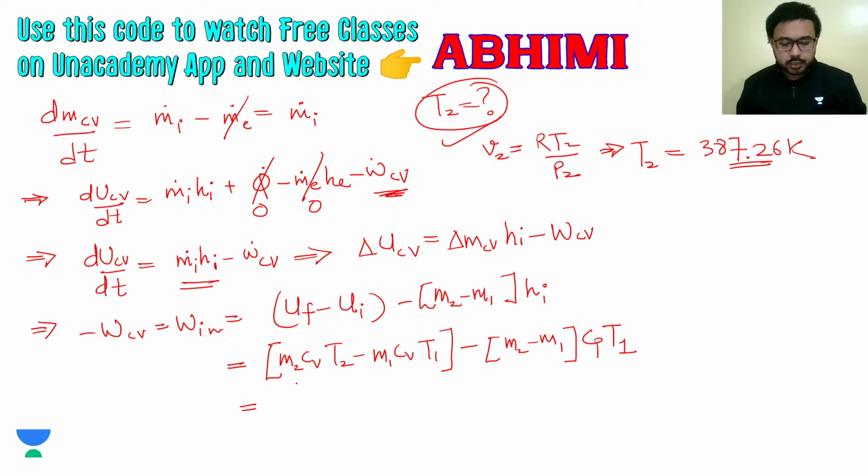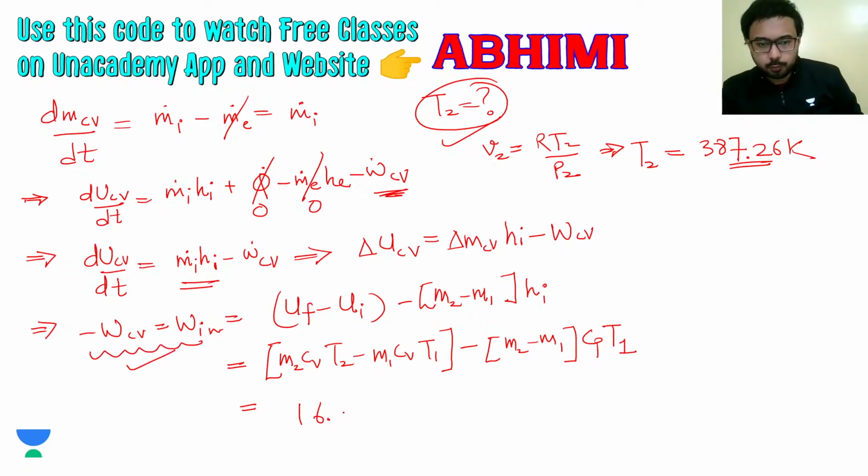So it is coming out as 116.45 as your work input. Since we have already stated that the minus of the control volume is going to be the work input, I should not write the minus of control volume here. Instead I should write plus control volume, and this whole thing will become minus because of the work input being minus.